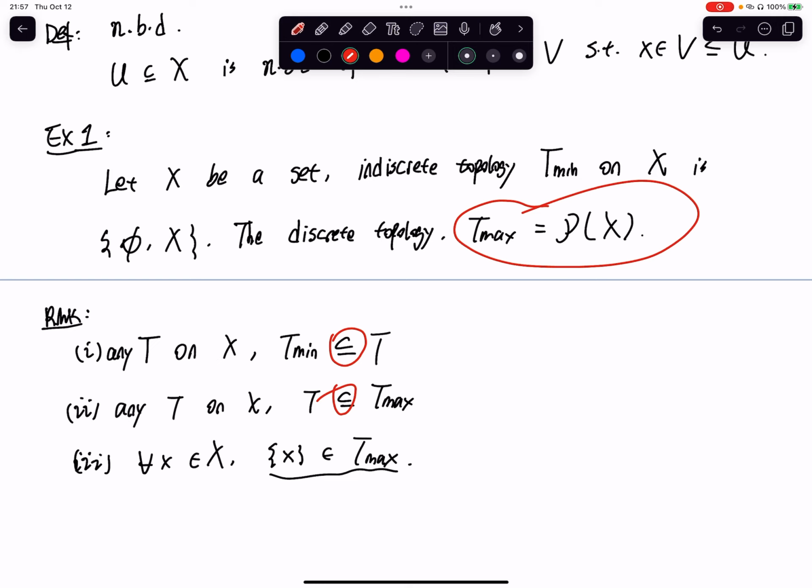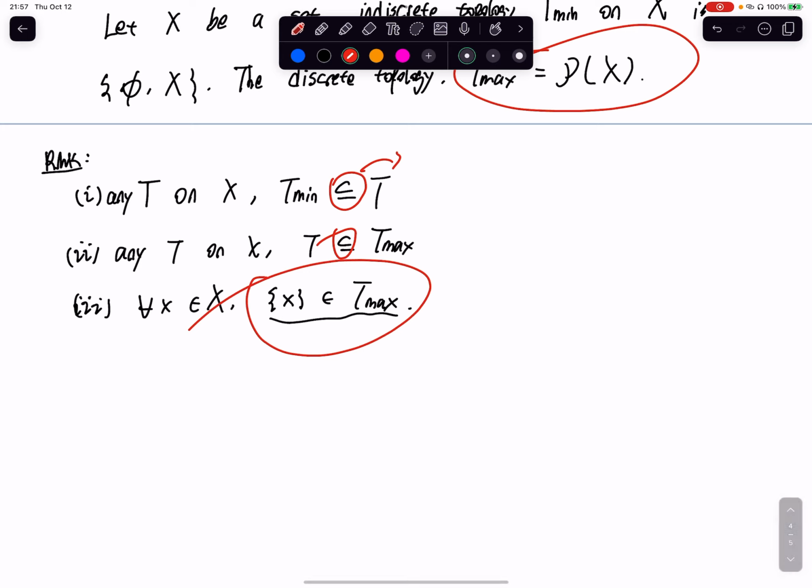We will not prove this in our lecture. Second, the comparability we have not introduced yet, like the criterion for being comparable between two given topologies. We will introduce that later. The third remark is very important. Since all the singletons live in T_max, all singletons in the discrete topology are mutually closed and open. Moreover, all the mappings from the discrete topology are continuous.